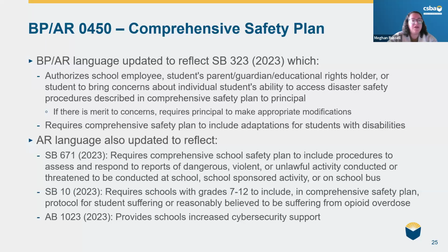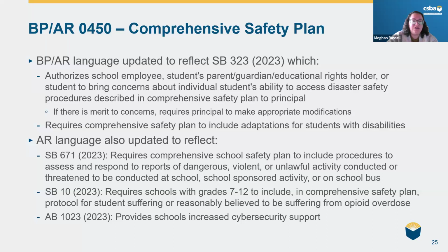So SB 323 also requires that after each annual evaluation and review of the comprehensive safety plan, concerns about an individual student's ability to access the disaster safety plan procedures may be brought to the principal. And if the principal determines that there's merit to these concerns, the principal is then required to make appropriate modifications to the safety procedures.